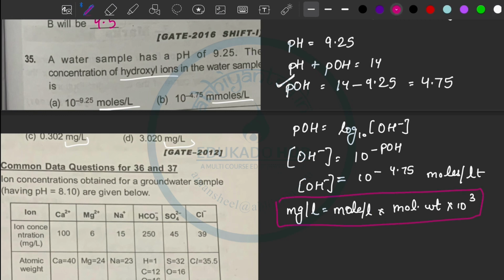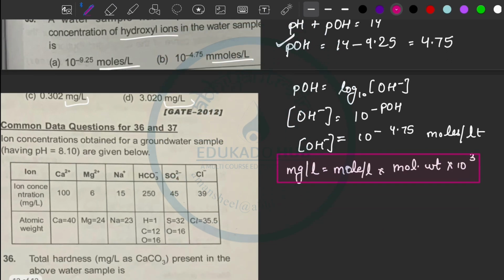This is the conversion. So 10 to the power minus 4.75 moles per liter, with the molecular weight of OH minus ion being 17, into 10 to the power 3, becomes 0.3028 milligram per liter. So the option is option number C. This is the answer.